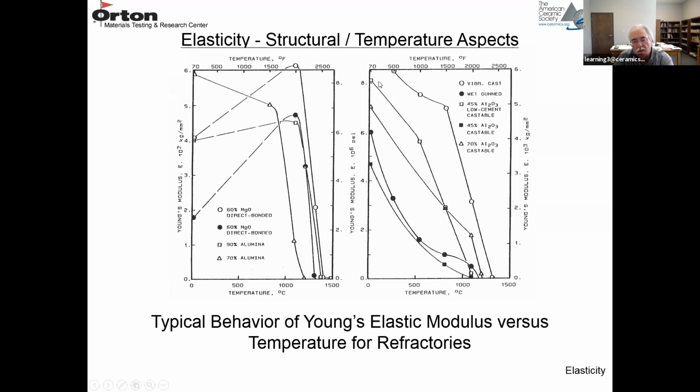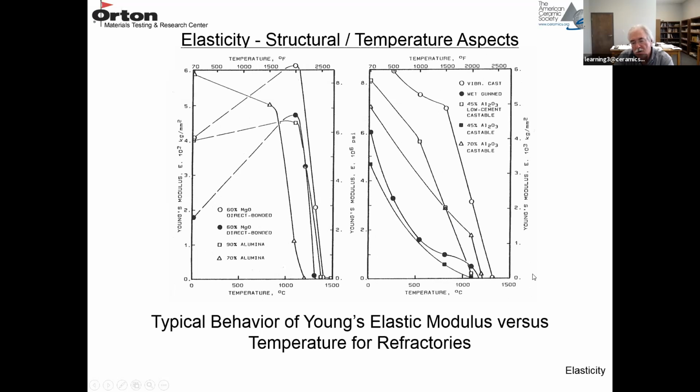So what's happening here is different than what's happening here, is that as you increase the temperature in these monolithic materials that have a cement binding phase, the cement dehydrates and you lose the cement bond, you destroy the cement bond, so it weakens, the modulus goes down, you create porosity. So those are contributing factors that show this decrease in elastic modulus.